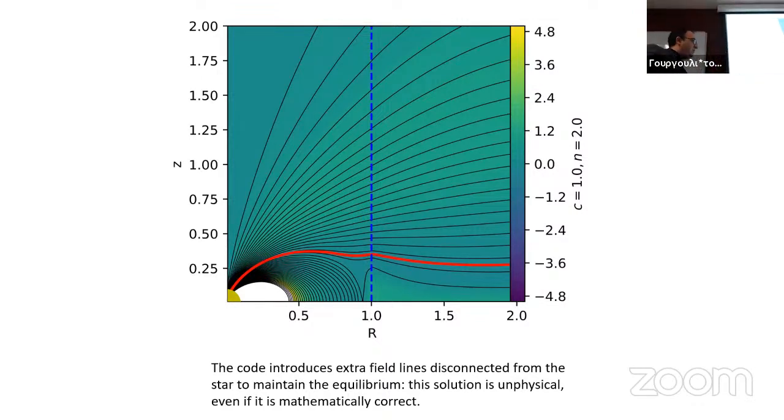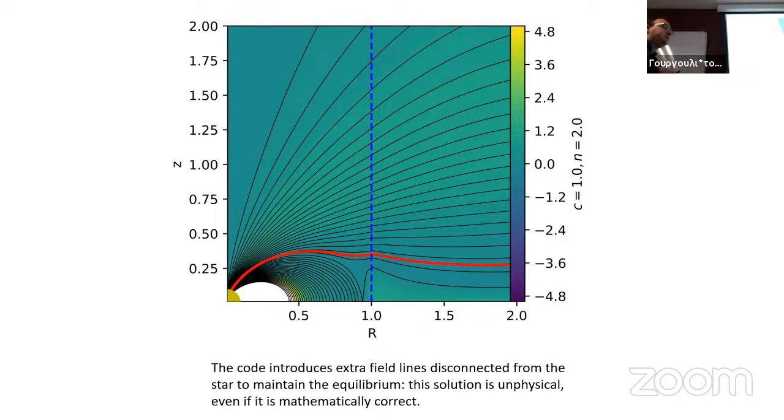Now, what you see here is that by introducing some twists, so this is for C equal to 1 and N equals 2, the system is trying to maintain some equilibrium, and it starts producing field lines in this region here that look like they are completely disconnected from the star.